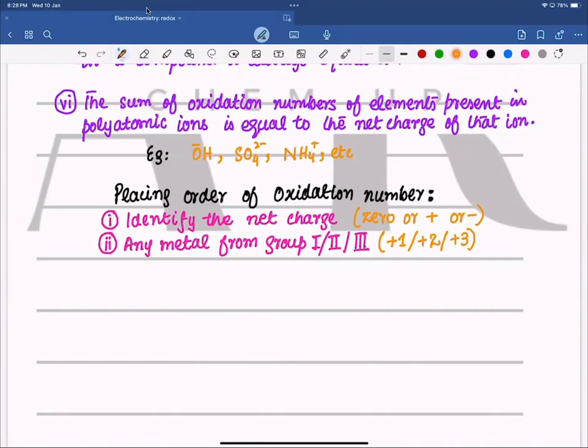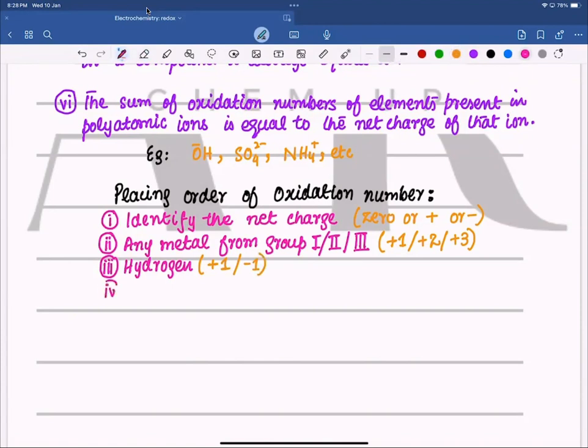Is this clear to all of you? Yes, sir. Then at third place, put the oxidation number of hydrogen if there is hydrogen in that compound or polyatomic ion, and the charge for hydrogen is either +1 or -1.